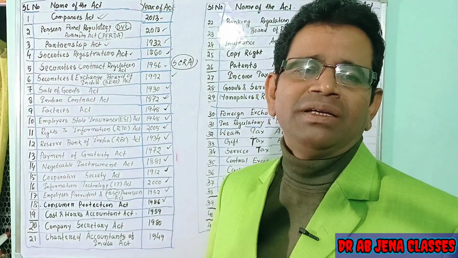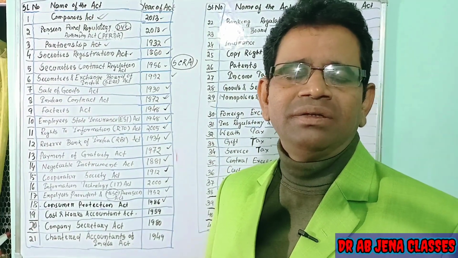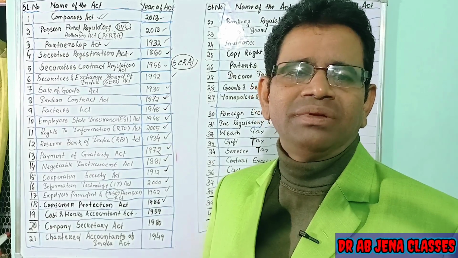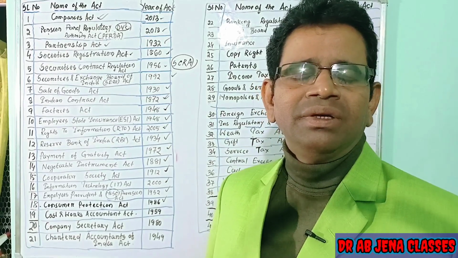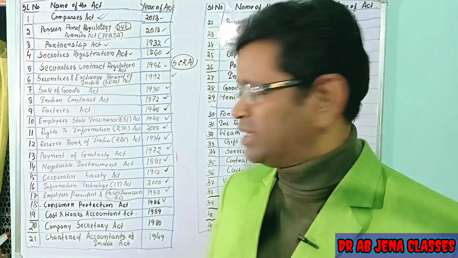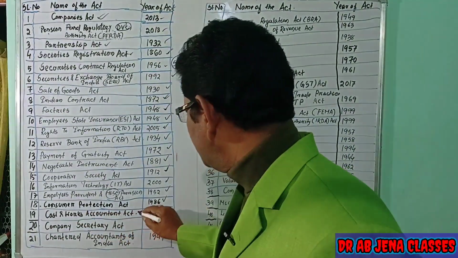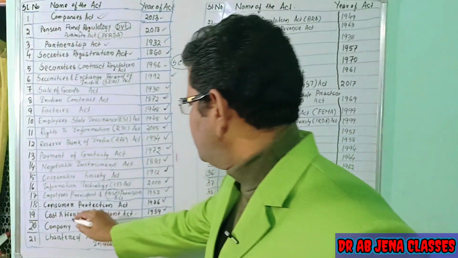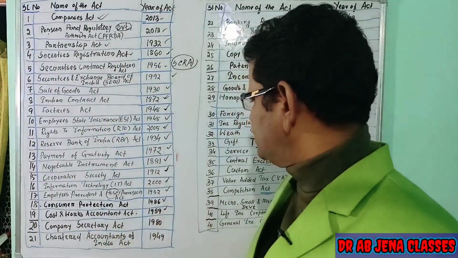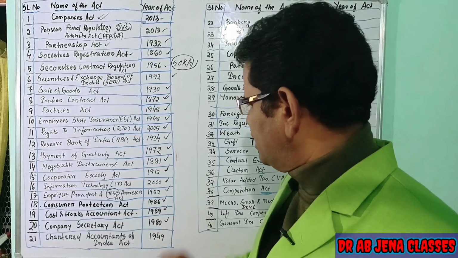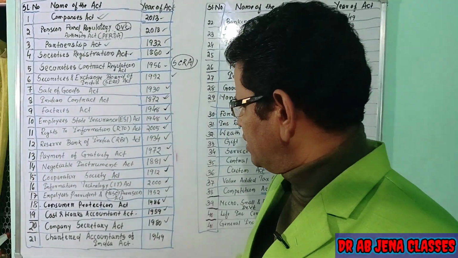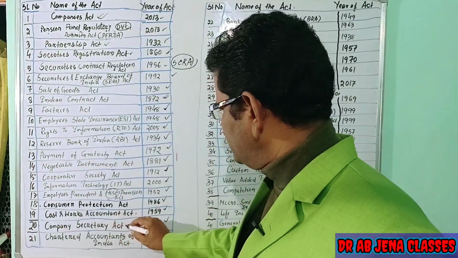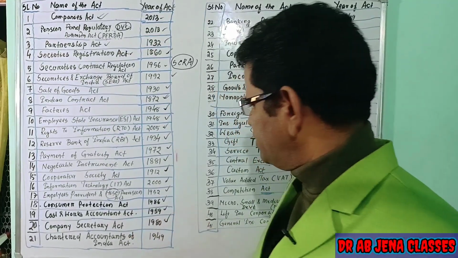Okay, next is the most important. After getting your degree, definitely you will have the aim of becoming a chartered accountant or a cost accountant. So the Cost and Works Accountant Act is in 1959. Again I am telling, the Cost and Works Accountant Act is 1959. Then the Company Secretary Act is 1980.